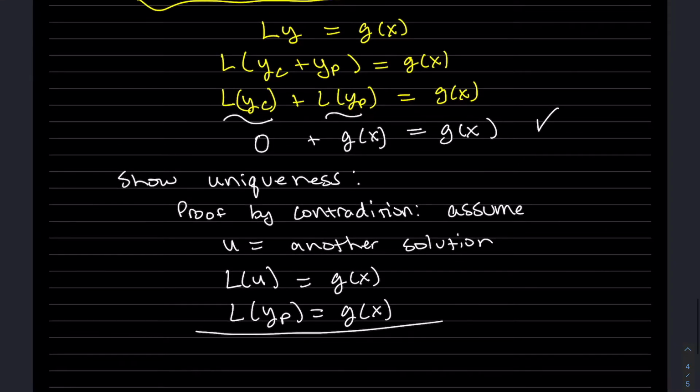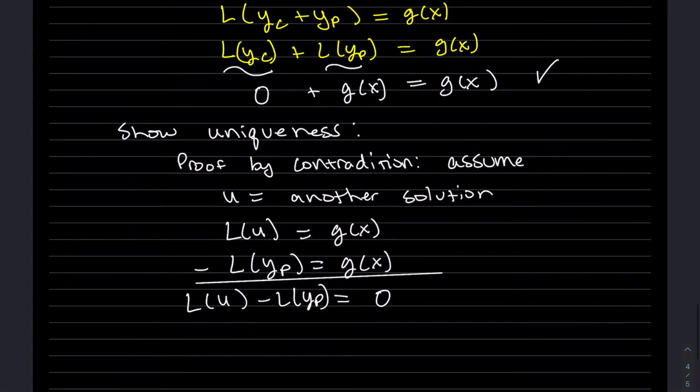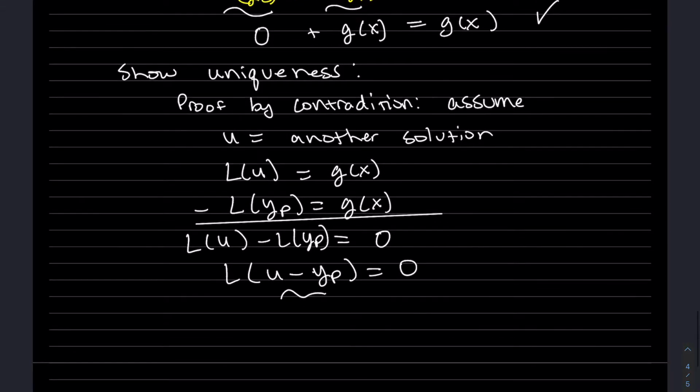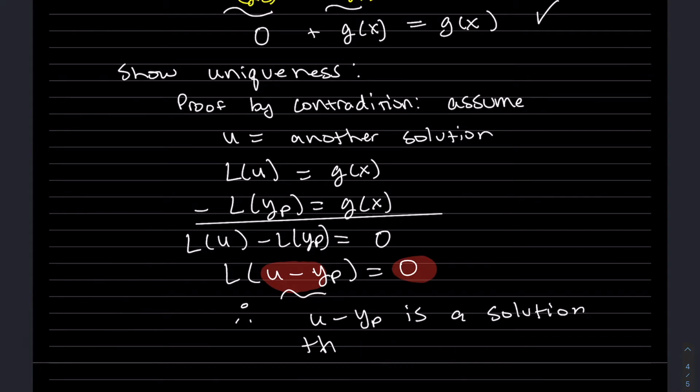So now that there's two, we're going to subtract the left side and the right side. If I subtract g of x minus g of x, it's 0. Over here, it's just Lu minus Lyp. We're going backwards with the linear operator. So this is saying that u minus yp is a solution to the homogeneous, because it's 0, right?